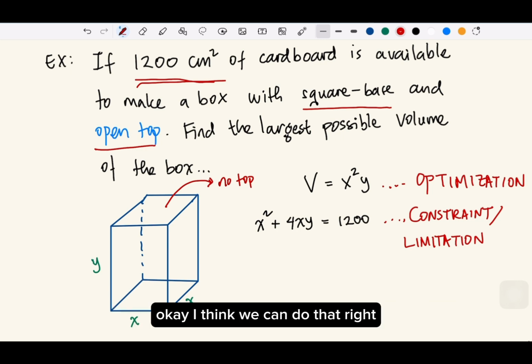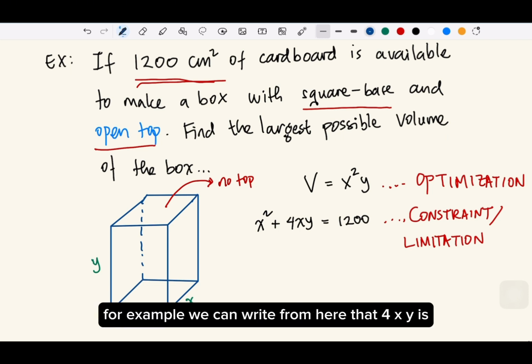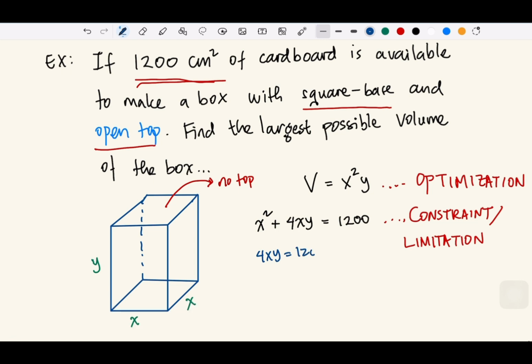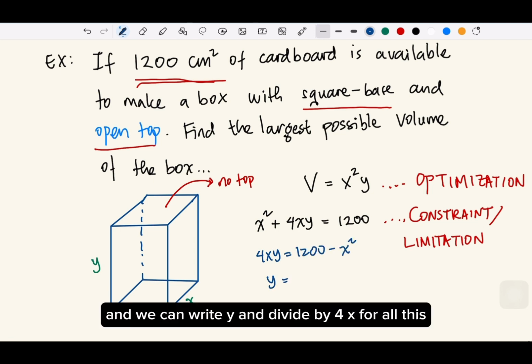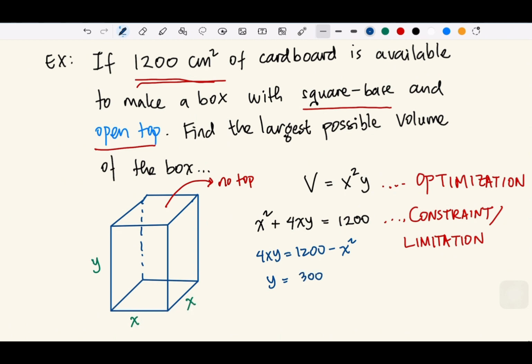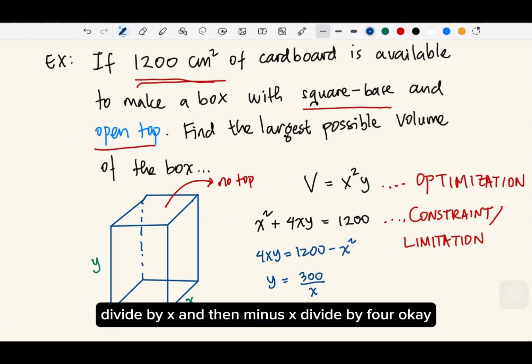We can write from here that 4xy equals 1,200 minus x squared, and dividing by 4x for all these terms, y is 300 divided by x, minus x divided by 4.